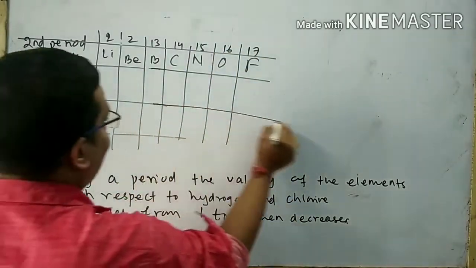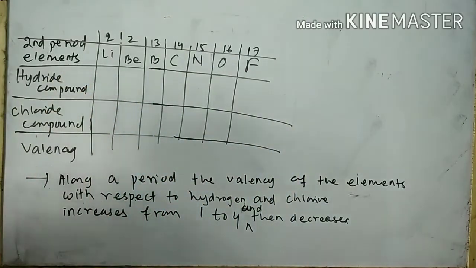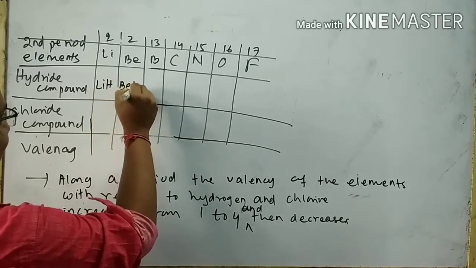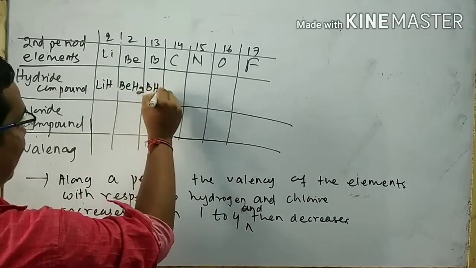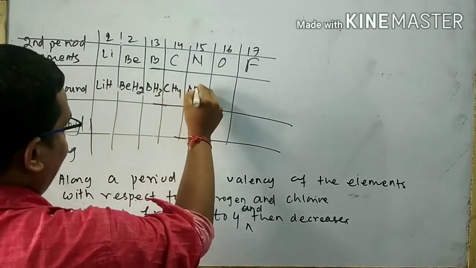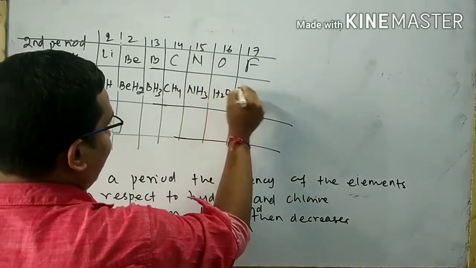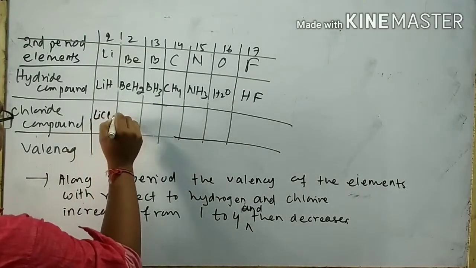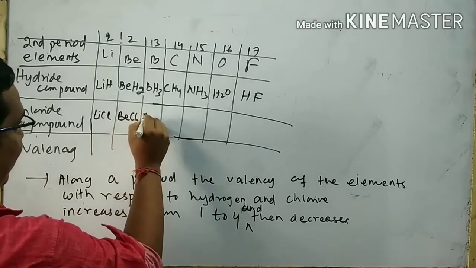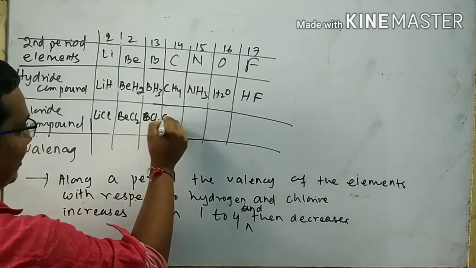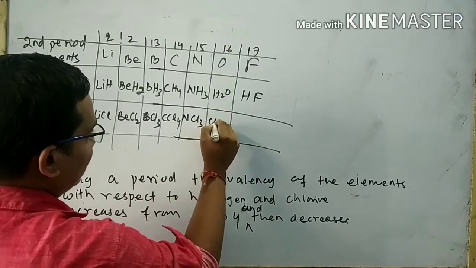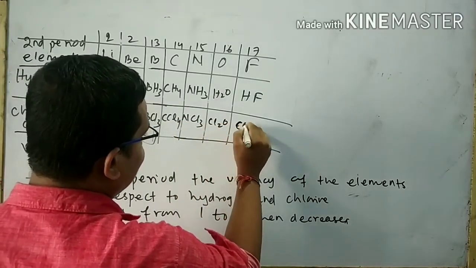The hydrides are lithium hydride, beryllium hydride, boron hydride, next CH4, NH3, H2O, HF. Next the chloride compounds of second period elements: LiCl, BeCl2, BCl3, next CCl4, next NCl3, next Cl2O, next ClF.